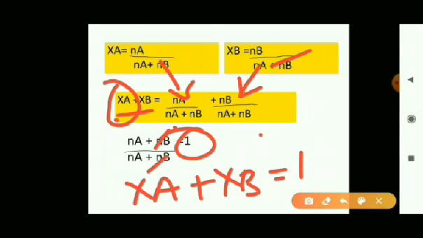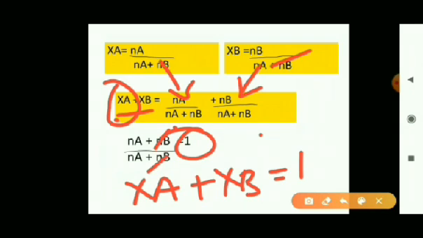Understood? This is for two components. Similarly, if more than two components are taken, suppose I take one more component, the mole fraction of C. If we were talking about two components, it was the mole fraction of A and of B. Now, if it is three components, how will you find the mole fraction?